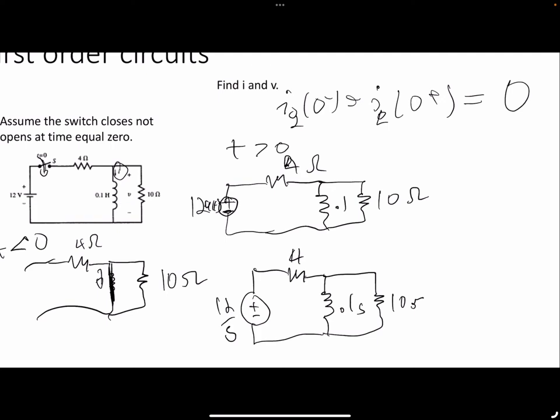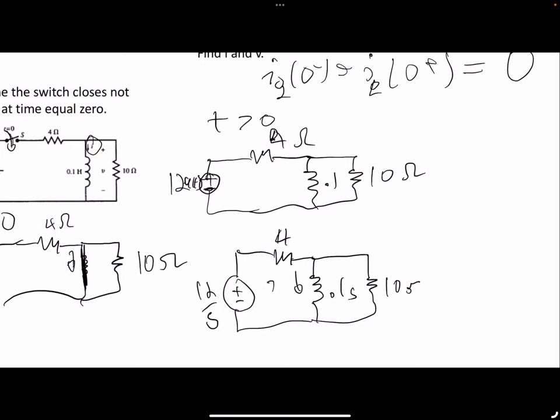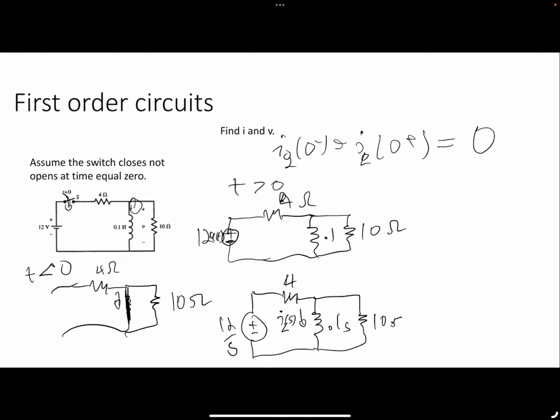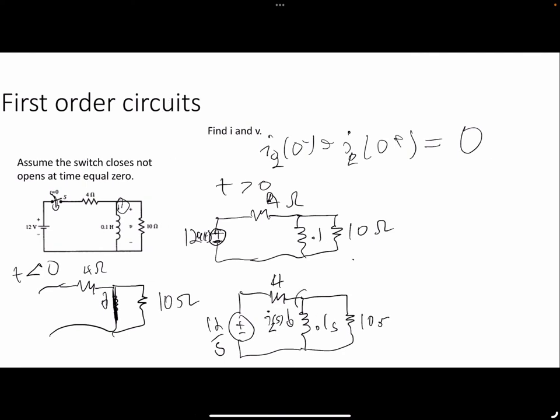And then we need to basically figure out how much current is going out through here, I_L of s. Well, this is just a current divider. So we basically just need to figure out what total current is coming out, and then figure out how much of that current will end up here. So the total current coming out would be the voltage.